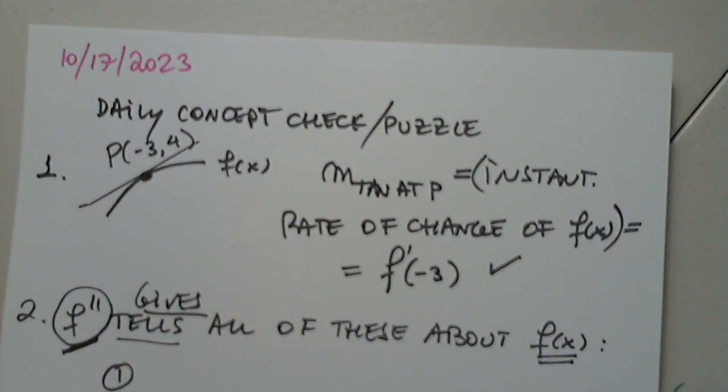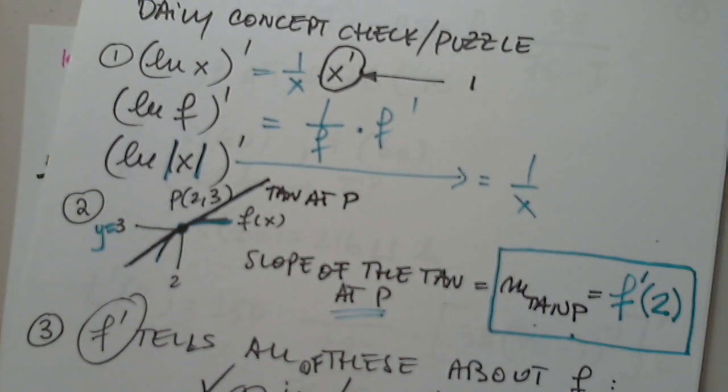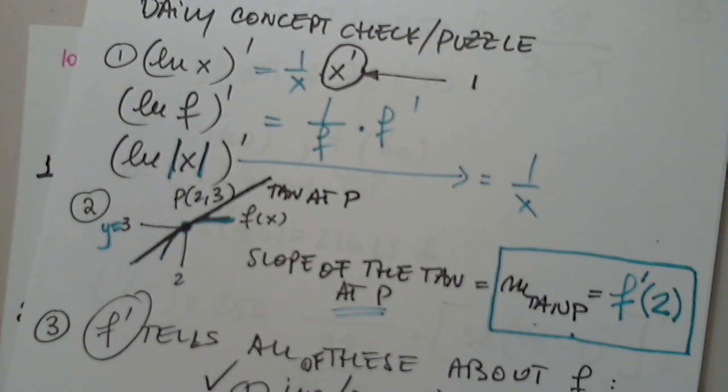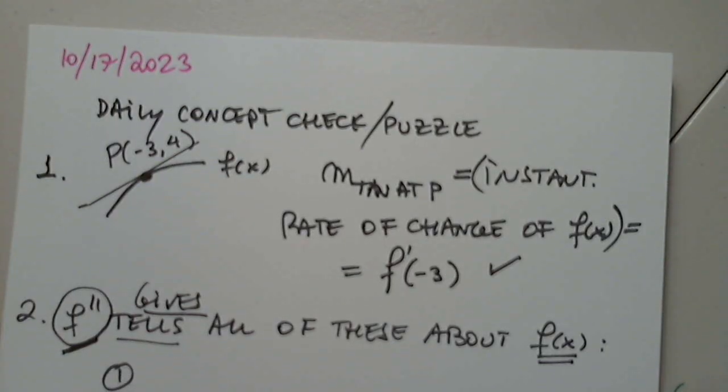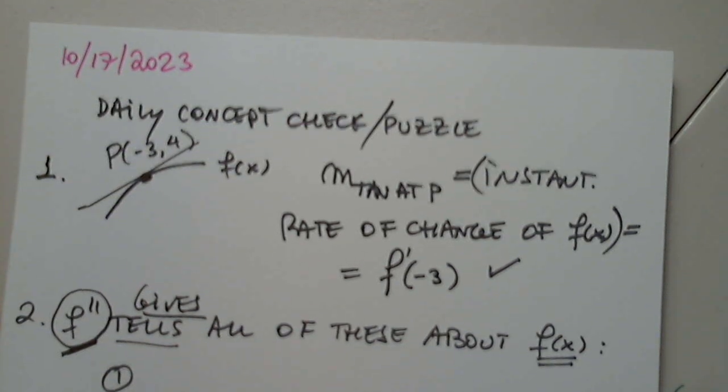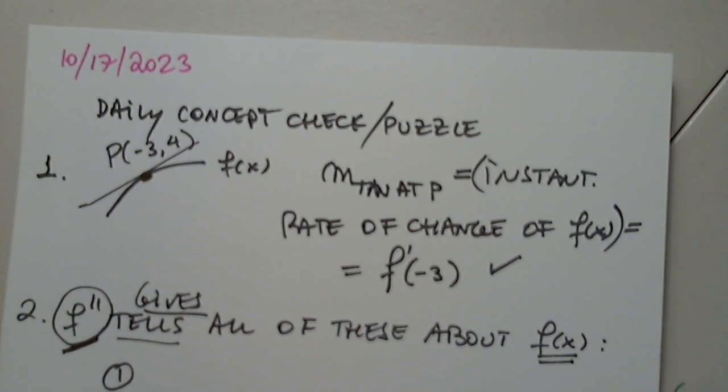We know about the first derivative: increasing, decreasing intervals, critical numbers, max, min. Points of inflection? Yes, very good. We did not get the chance last time to determine any. We're going to start with this today.